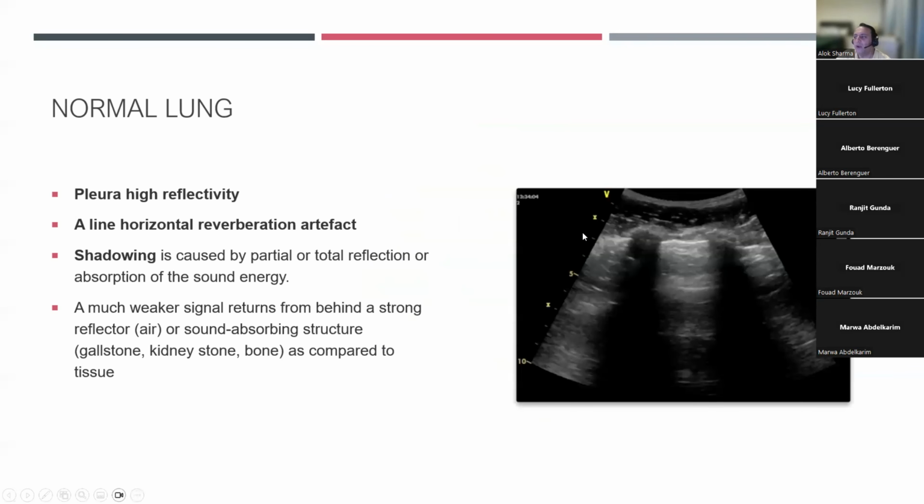I just want to go through the normal lung before we talk a little bit more about the reverberation A-line artifact. So what is normal lung? This is your probe. These are sound waves coming through over here. Now you've basically got ribs over here. When the sound waves are incident on the ribs, naturally, through the soft tissue over here, sound waves will be able to go through.